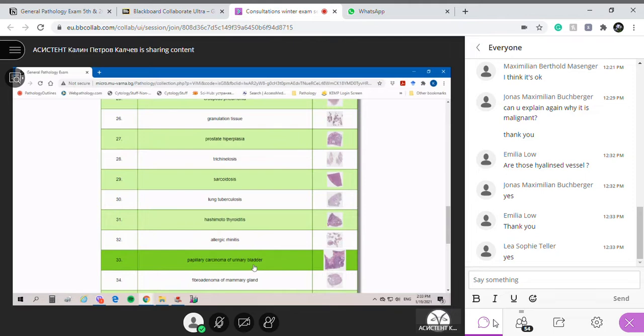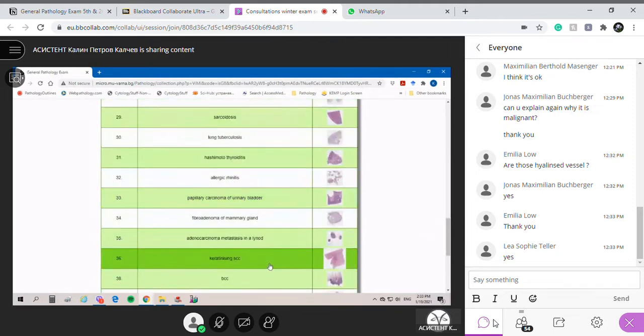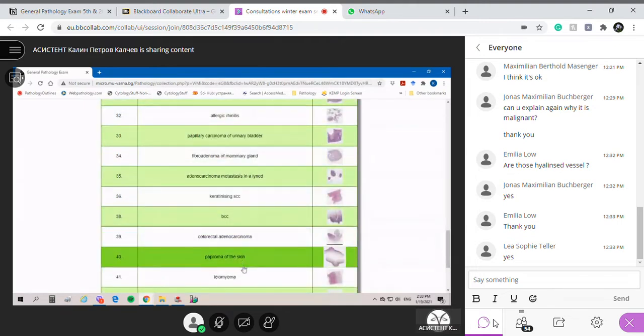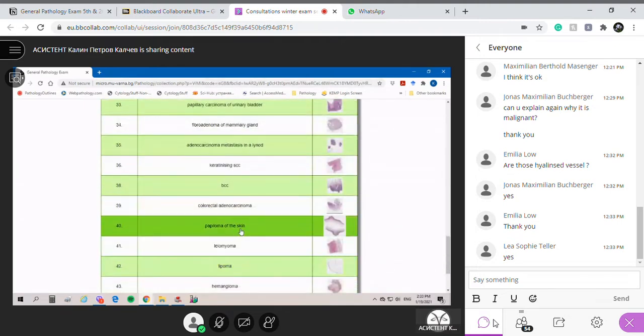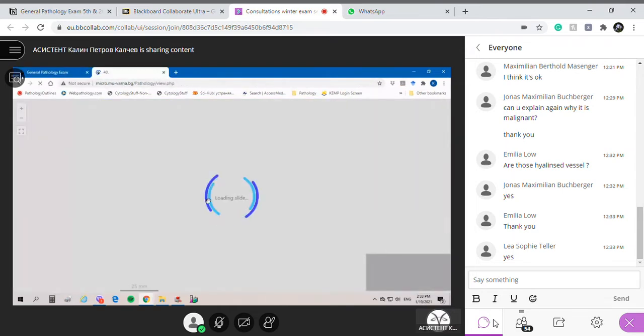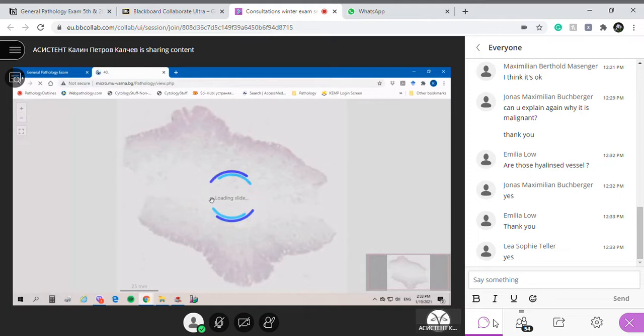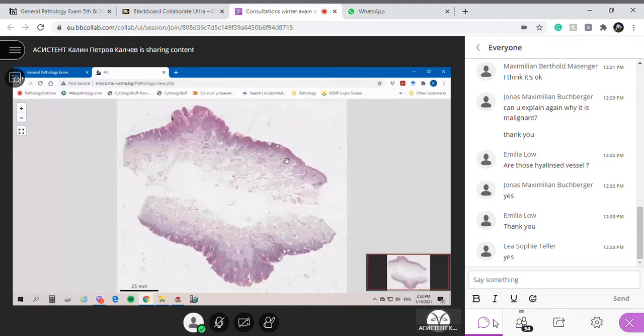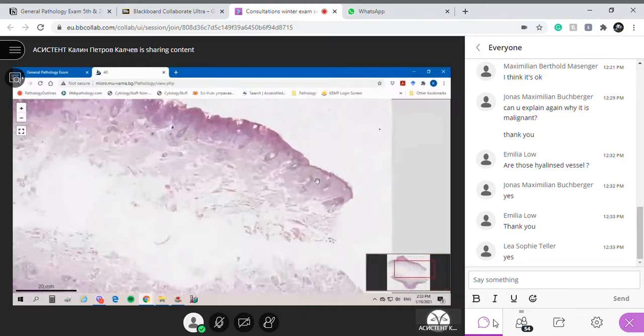So the next type of this surface epithelium tumor is the papilloma of the skin. Okay, the papilloma of the skin is a benign tumor. First, you have to say that this is the skin.